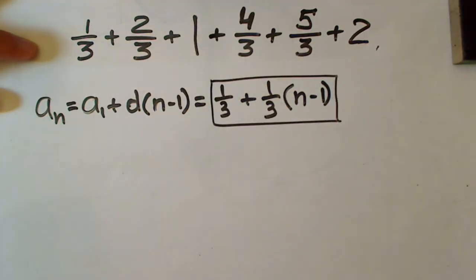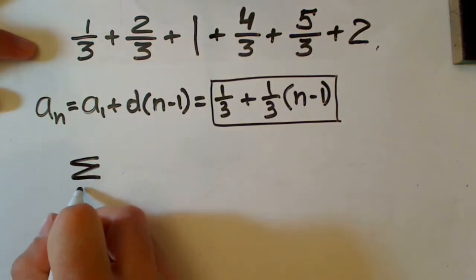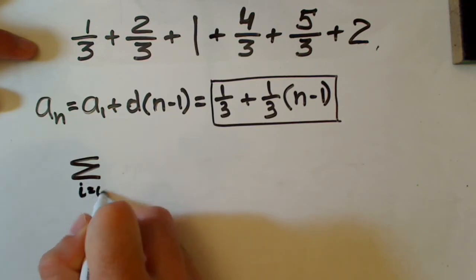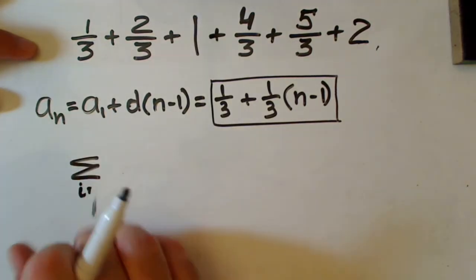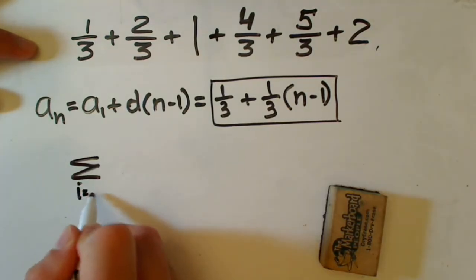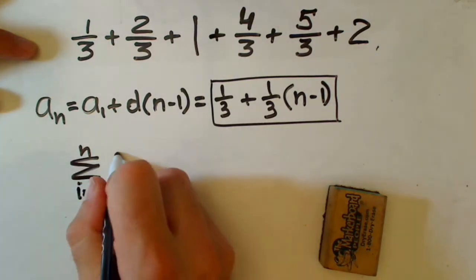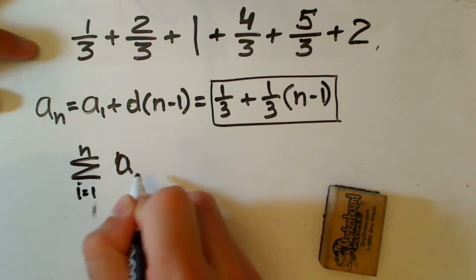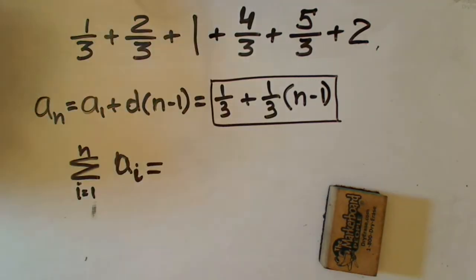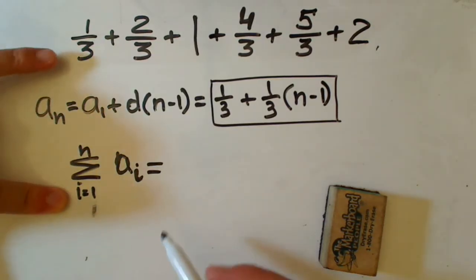Now what we have to do is just plug into sigma notation. Remember, our sigma notation in general looks like this: i starting point, going to n, and ai. What is our starting point? As we can see, a1.